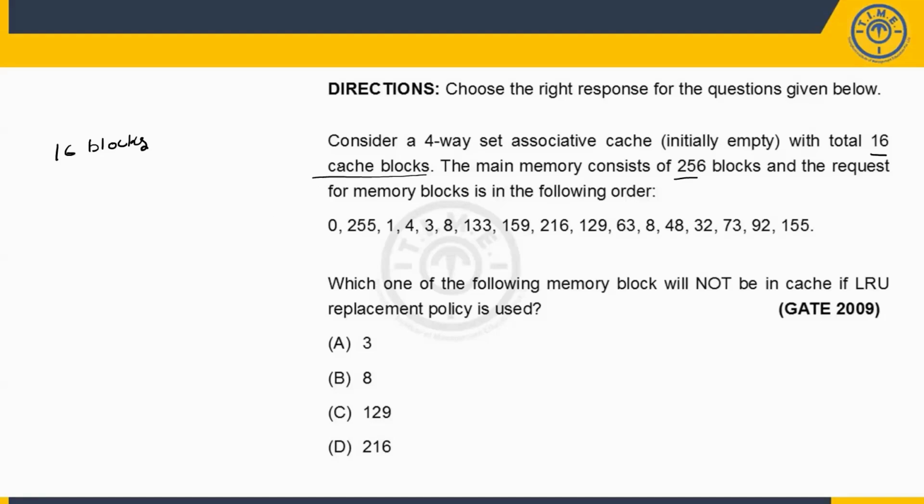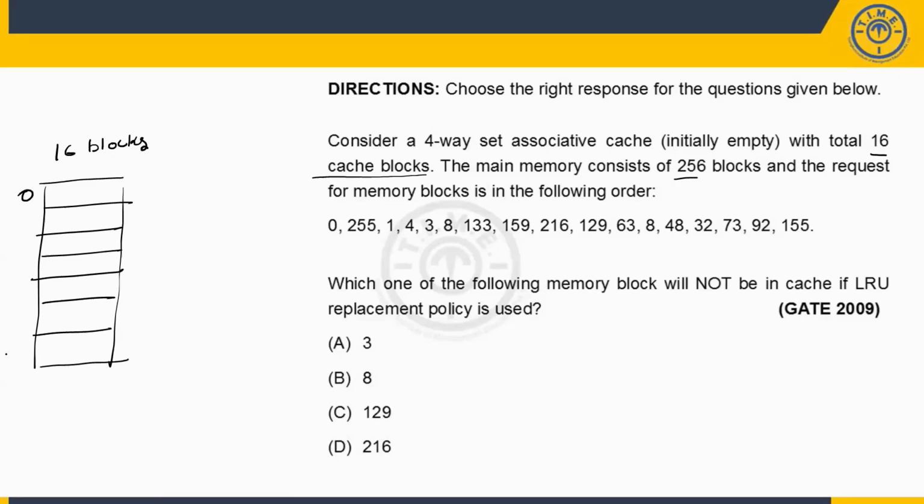So, what is the detail that is given? Four-way set associative cache. If it were a direct mapped cache, the cache would look like this. These are the total number of blocks. But it is a four-way cache, so the total blocks will be divided into sets.